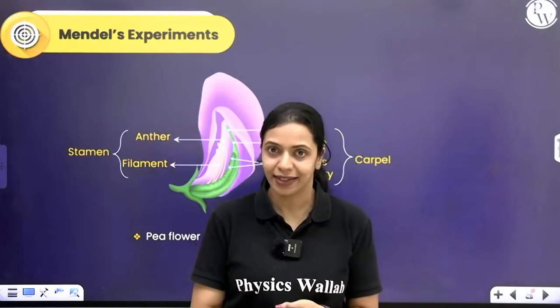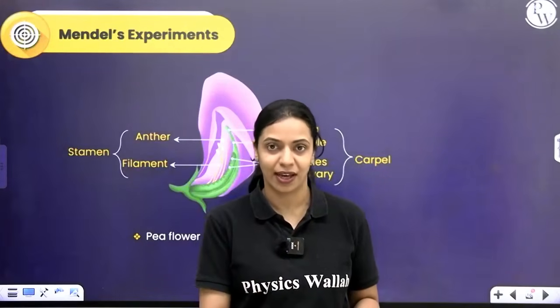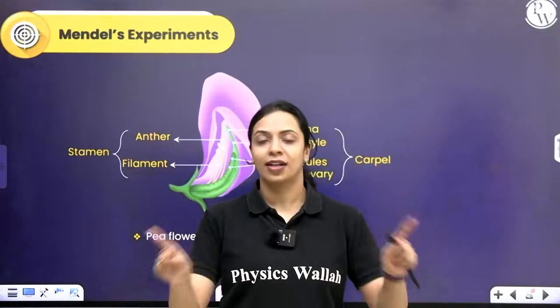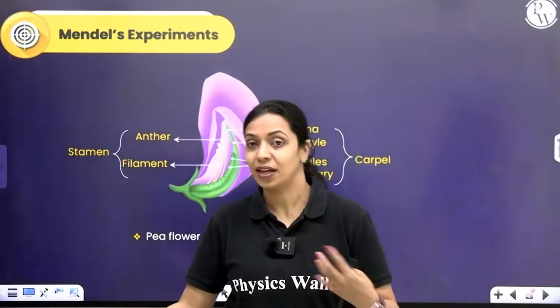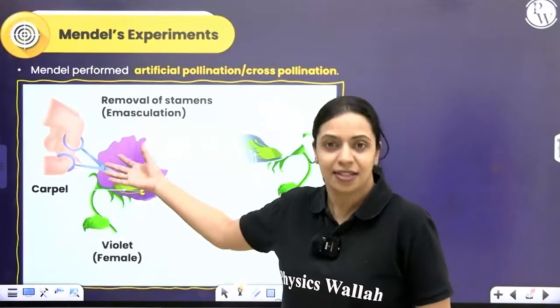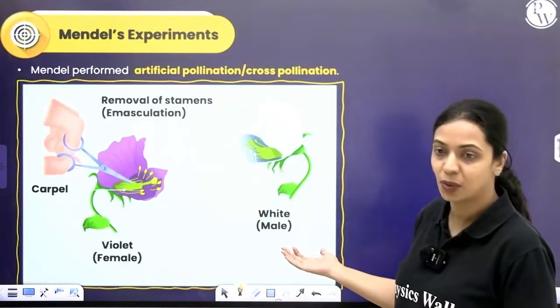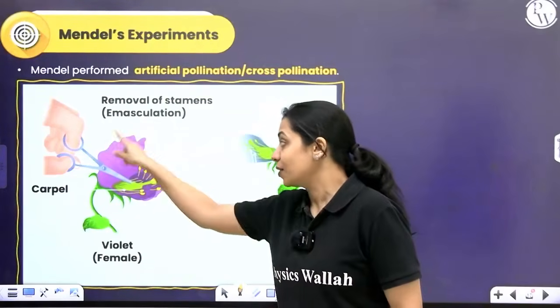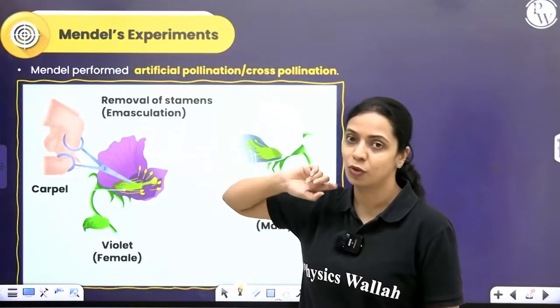How does he cross them? He performs artificial hybridization. How is that done? We've learnt about it in the previous chapter. Pea plants have bisexual flowers, which means they have stamens as well as the carpel. So if cross-pollination, artificial hybridization has to happen, you have to designate one plant as male and one plant as female, right? Whichever plant you've designated as female, in this case it is the plant that is producing violet color flowers. Male is the plant that is producing white color flowers. If this is female, you have to remove the male part from it.